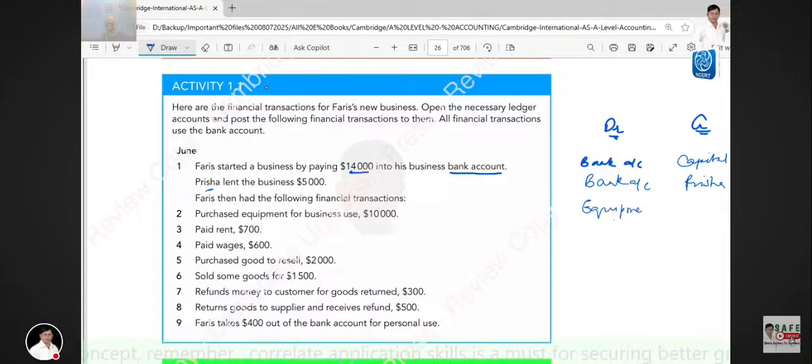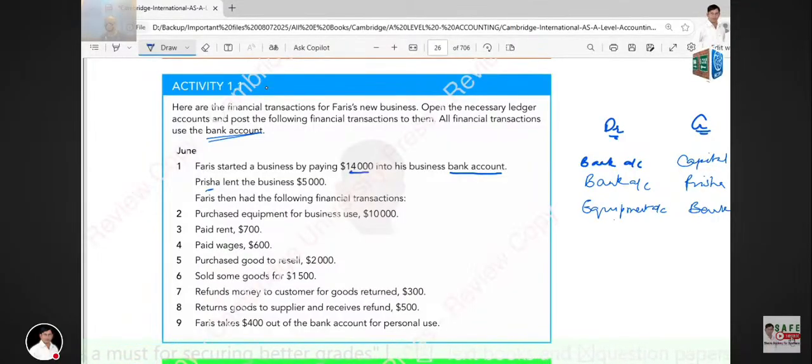So after you pay 22,000, how much will be the balance? 1,80,000 minus 22,000. 1,80,000 is here, right? This side.